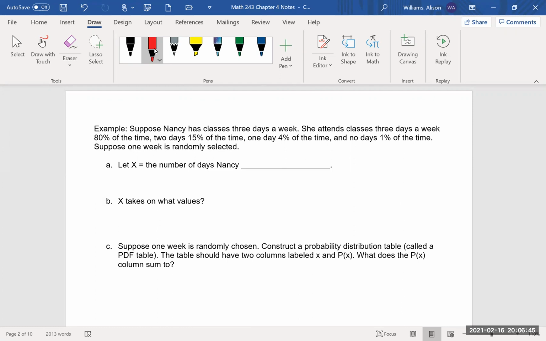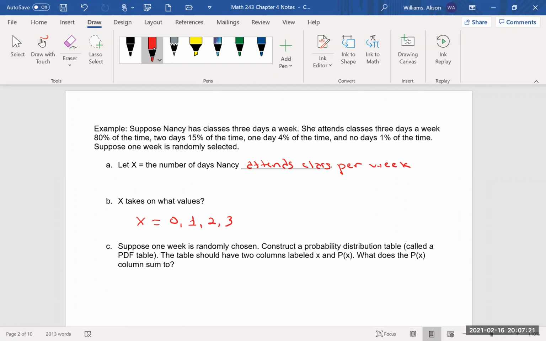Our random variable, they're guiding us into filling this out, is the number of days Nancy attends class per week. What values would X take on? Well, they actually listed it for us: 3 days, 2 days, 1 day, and no days. I'm going to put it in reverse order: 0, 1, 2, or 3. No other options were listed.